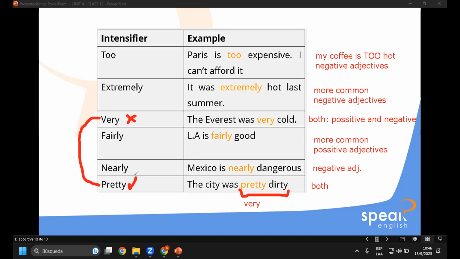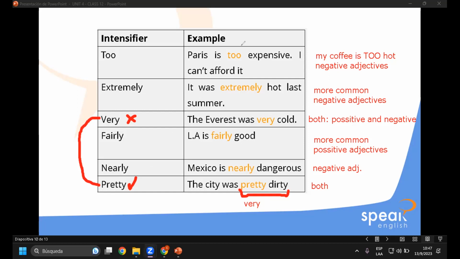Very good. It's pretty quiet. What else? My city is pretty traditional. Good. Excellent. What else? My city is pretty small. Very good. So look, that's the way that we can use pretty.